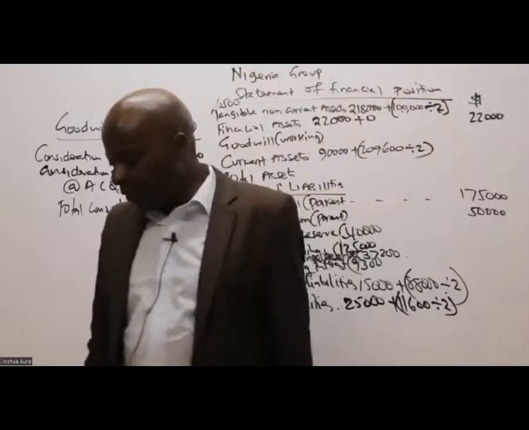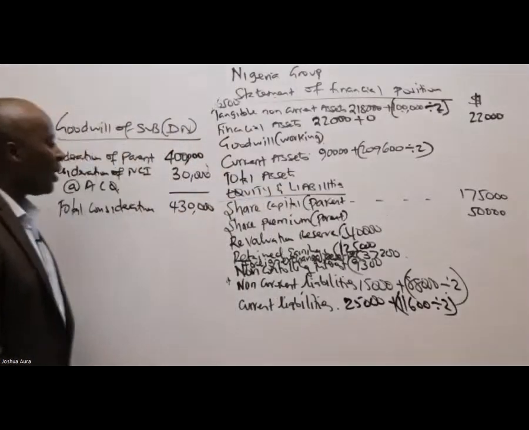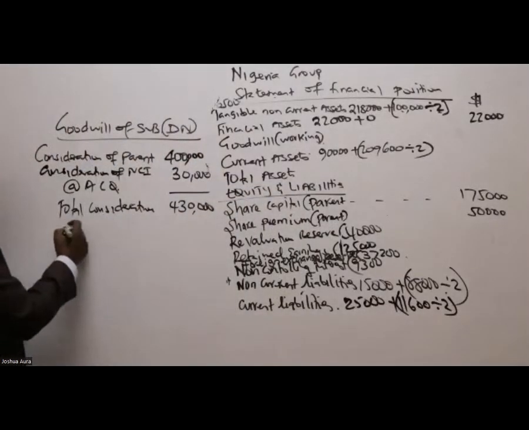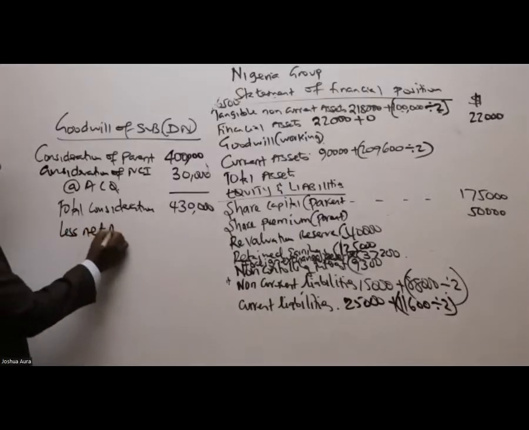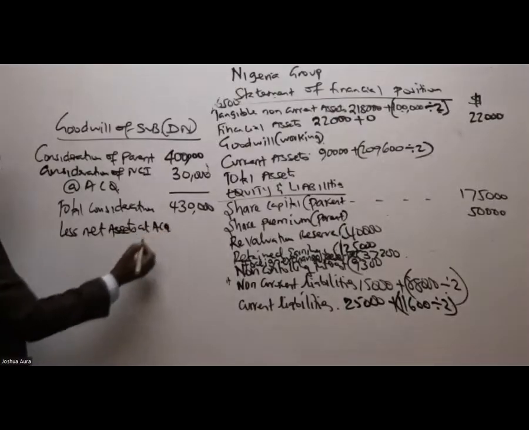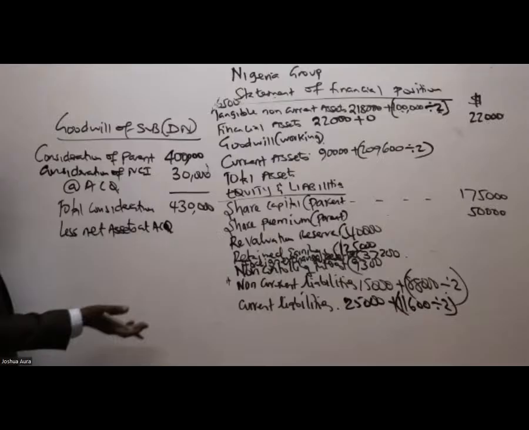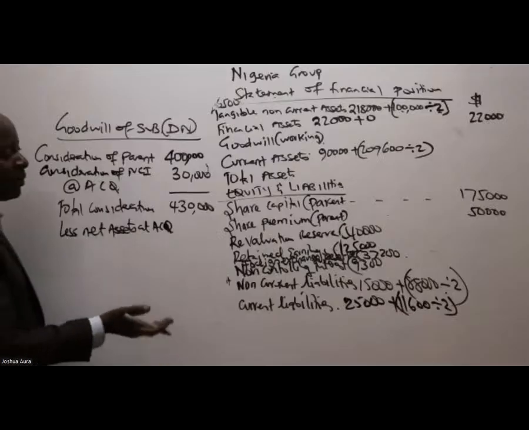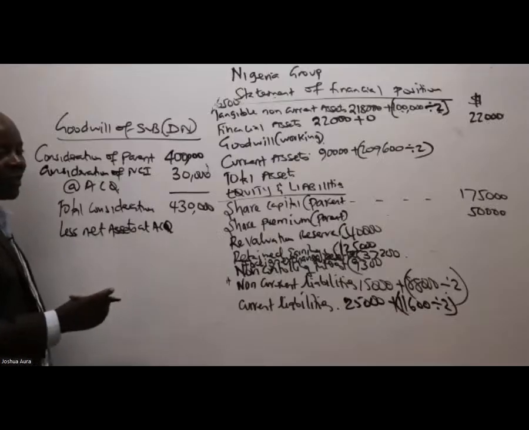Ladies and gentlemen, from there, in this case, come and give us the net assets. So less net assets at acquisition. This figure, I rubbed my figure a long time ago. Are you able to remember the net assets at acquisition?